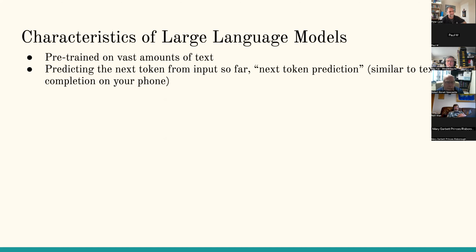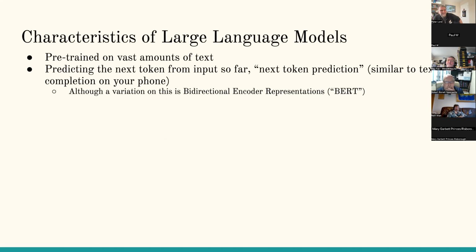But in practice, a token in a large language model could be half a word, a word, or two or three words. So if you just substitute word with token, you're not going to be too far wrong. So think about text completion on your phone. This is the whole way generative AI works.